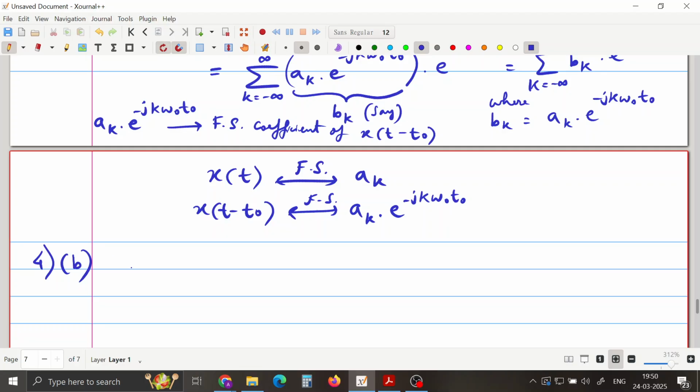But what we need to find here is the Fourier series coefficient of x of minus t, and I have to represent that in terms of ak. So for x of t, I know that its exponential Fourier series representation is this.